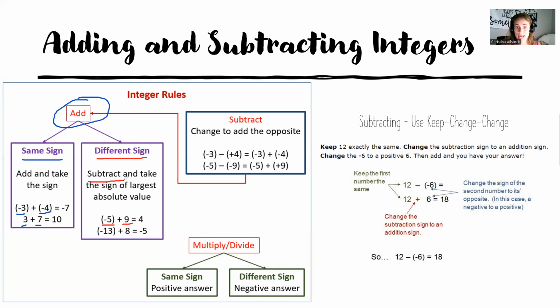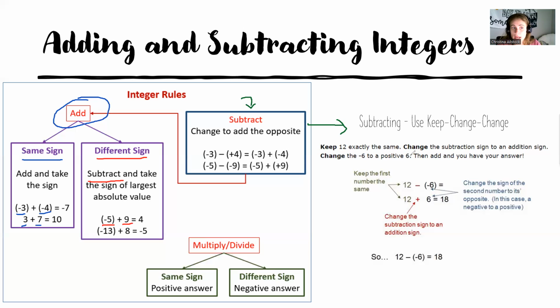All right, last rule to go over is what to do when you subtract. When you subtract, there's an explanation here, but I've given a more in-depth one over to the right. You're going to use something that we call keep, change, change.